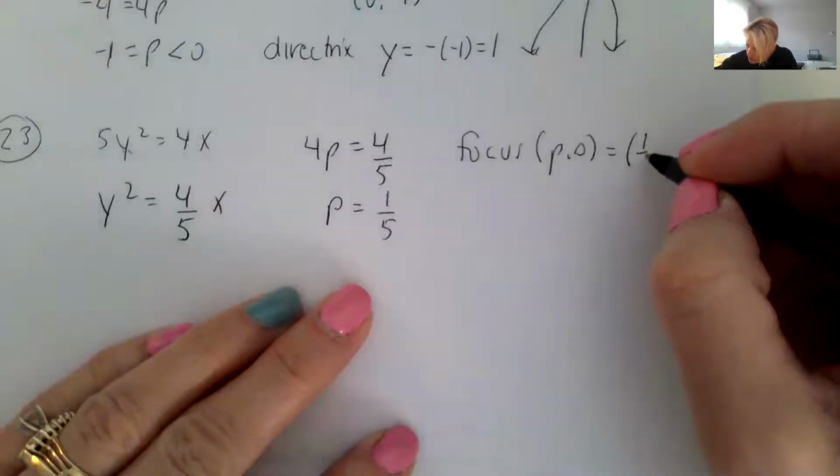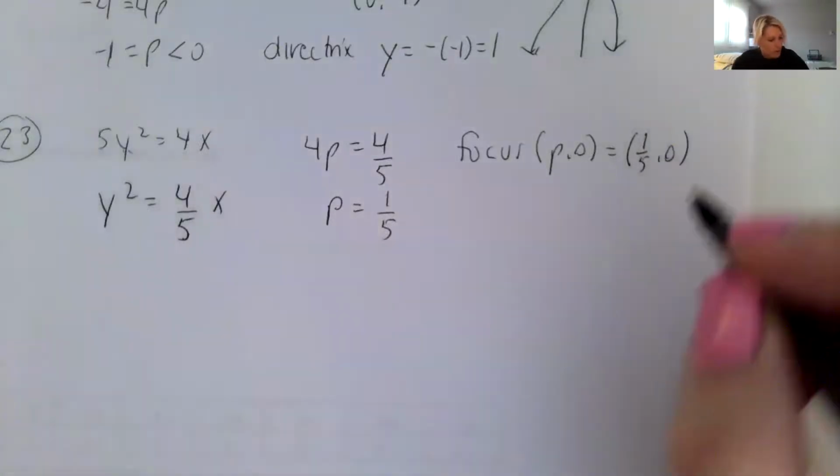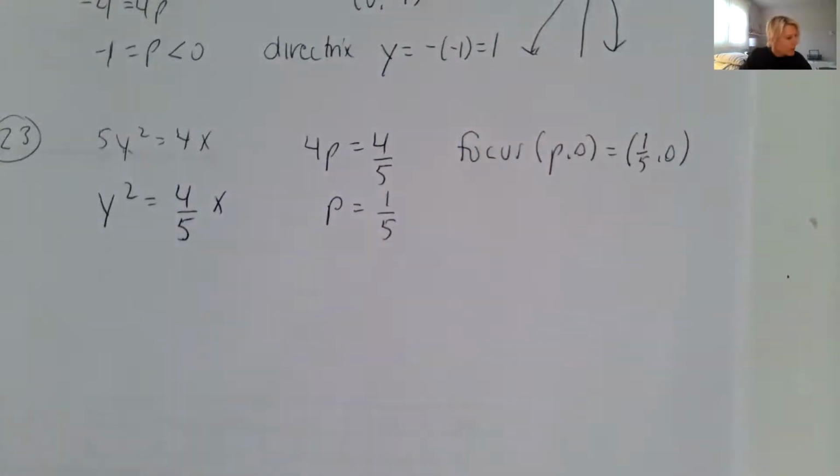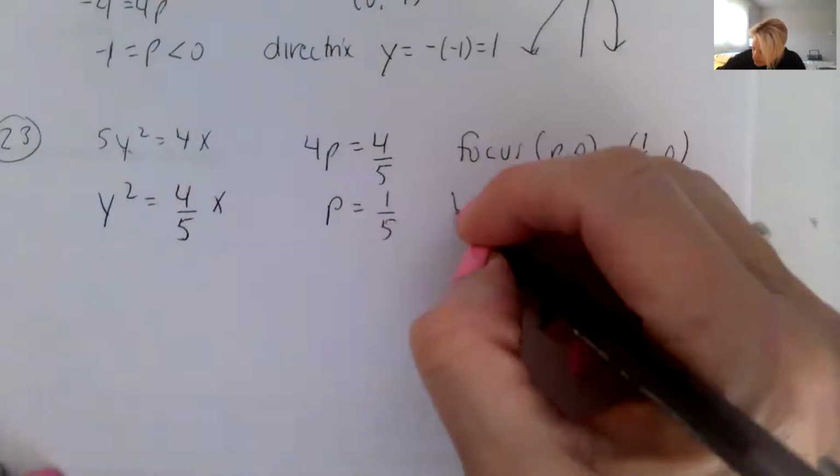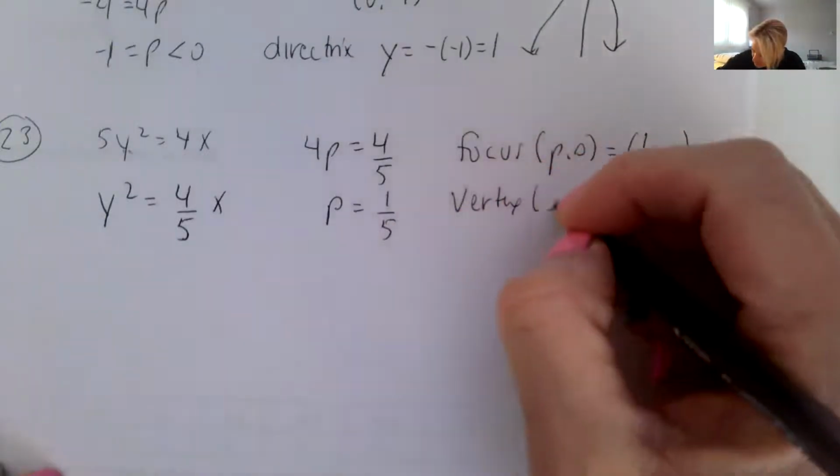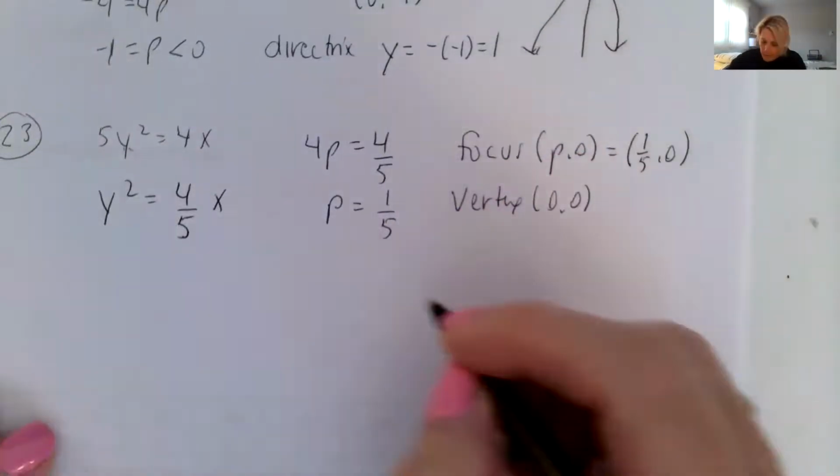And so it's going to be at 1/5, 0. And our vertex is at 0, 0.